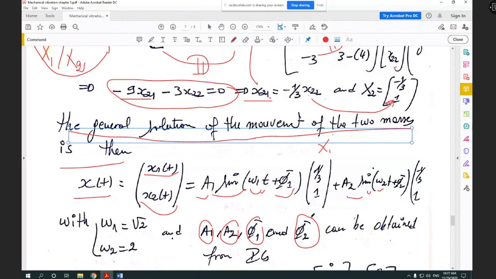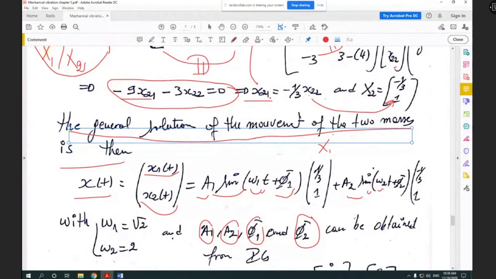How can all these constants be obtained? From the initial conditions. Of course, the constants of the solution, which are four here, can be obtained from the initial conditions. And as we said yesterday, since we have two masses, the initial conditions will be four. Okay, so four. Why four?